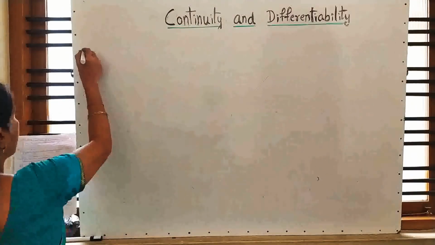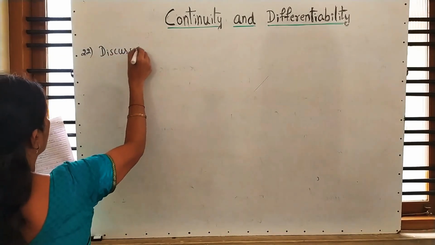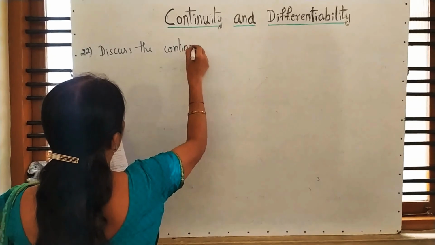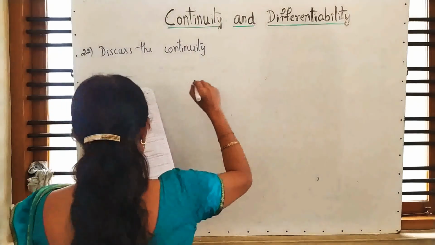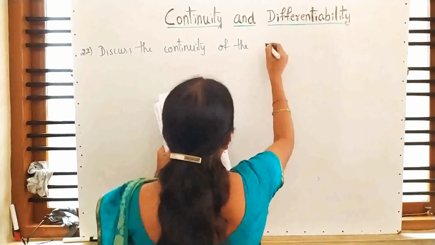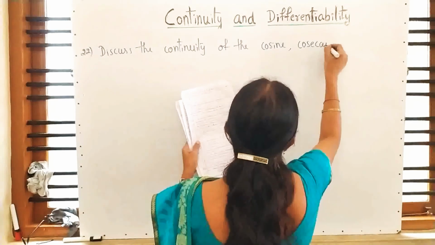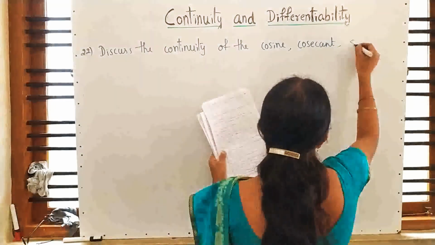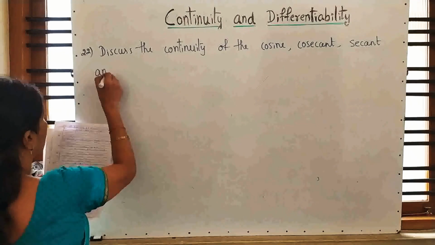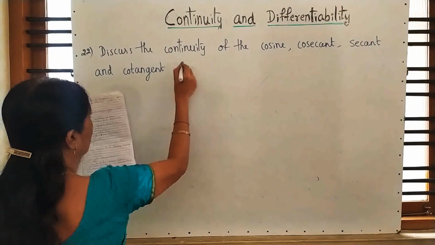Now question number 22. Discuss the continuity of the cosine, that is cos, cosecant, secant and cotangent functions.